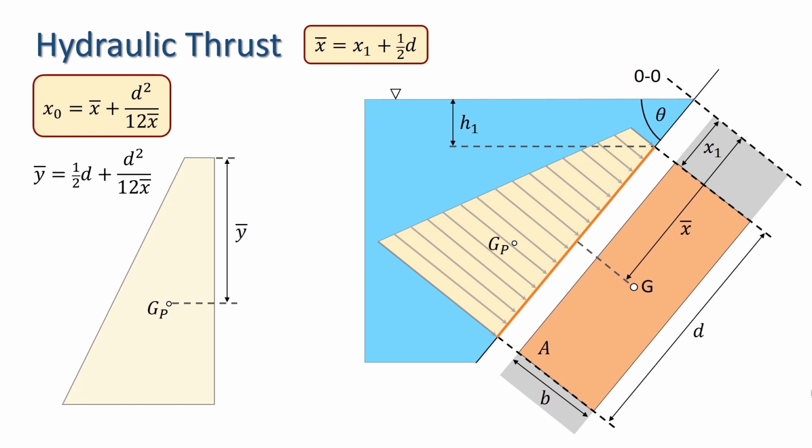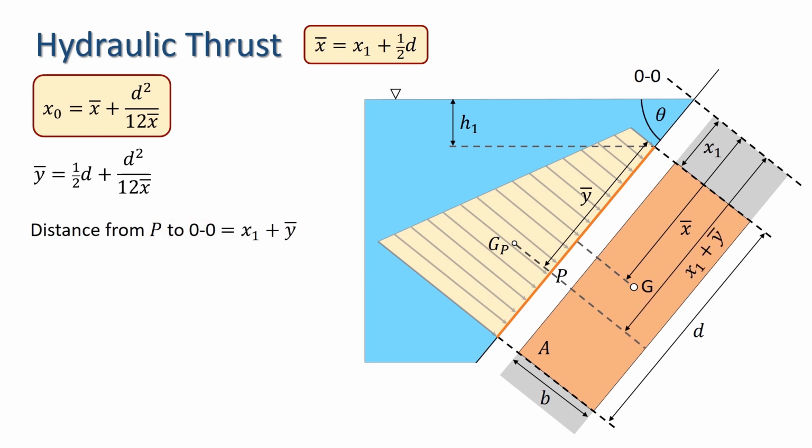Going back to our inclined plane surface, we can see from the geometry that if we make an orthogonal projection of Gp onto a point P on the plane surface, then P is a distance y bar from the top of area A, and thus is a distance x1 plus y bar from OO. Given our expression for y bar, this means that P is a distance of x1 plus 1/2 d plus d squared over 12x bar from OO.